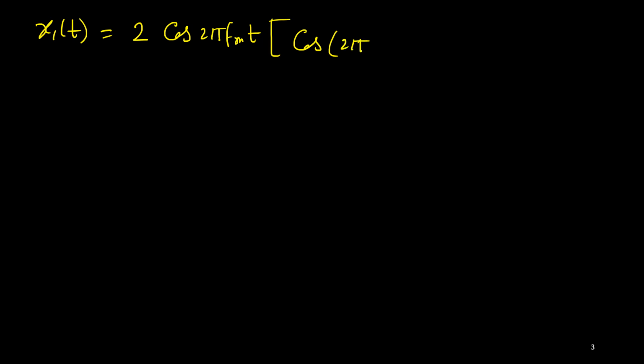So what is happening in this x1t: 2 cos 2 pi fmt is there, and that one is replaced by addition and subtraction, cos of 2 pi 2 fc plus 40 t, because fc plus 40 plus fc is 2 fc plus 40, plus again cos 2 pi, and fc plus 40 minus fc, fc cancels out, so only 2 pi times 40t.